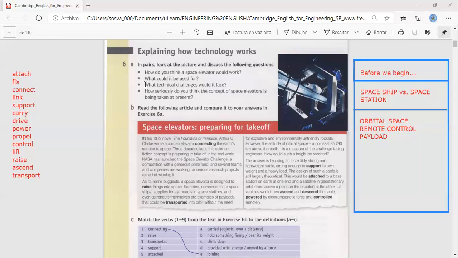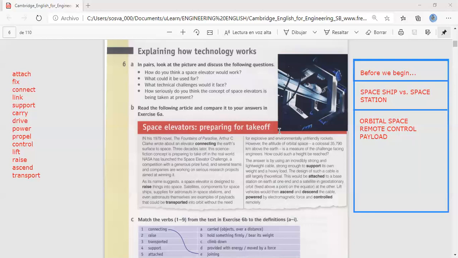I know that NASA has produced spaceships and space stations. Well, I think it is possible to produce a space elevator in orbital space. Okay, thank you.